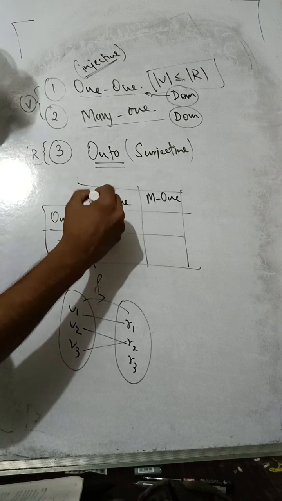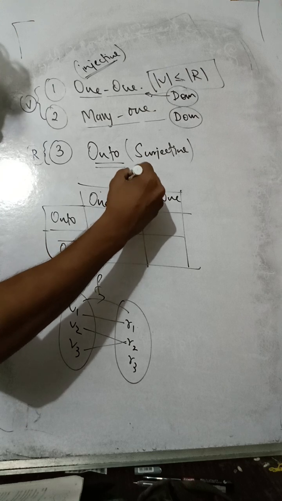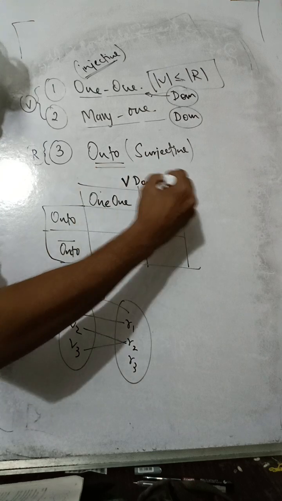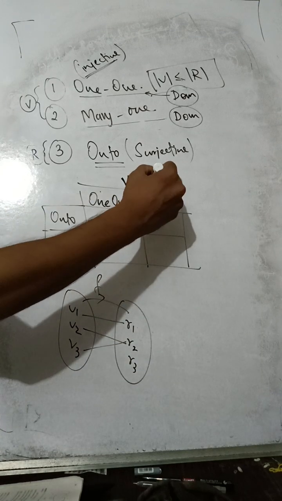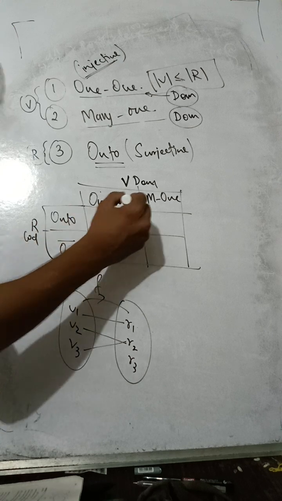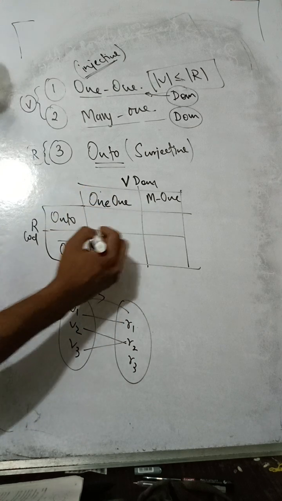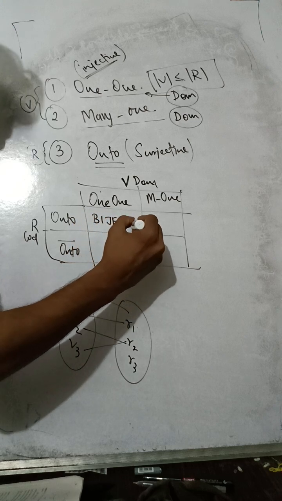So here in one-one and many-one we are talking about the visitors, or the domain, in these columns, and in these rows we are talking about the codomain, or the rooms. A function which is one-one and also onto is a special function. This is called a bijective function.